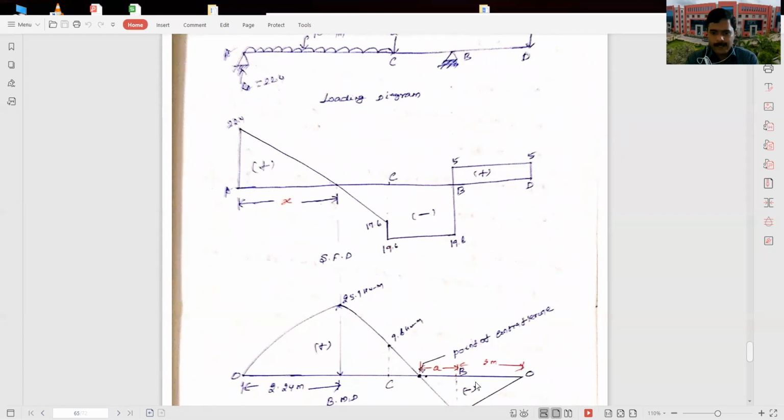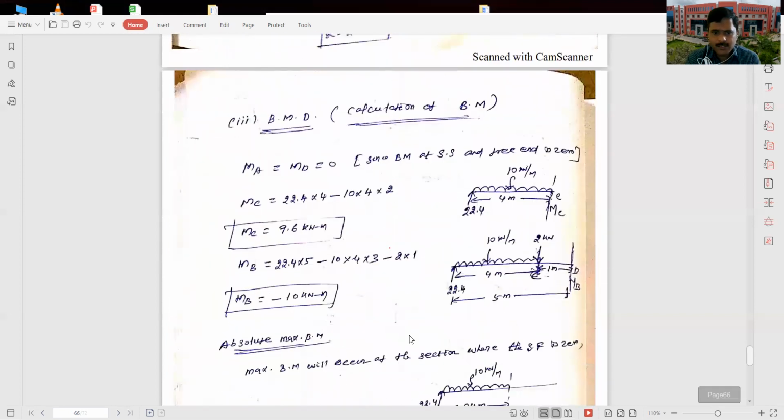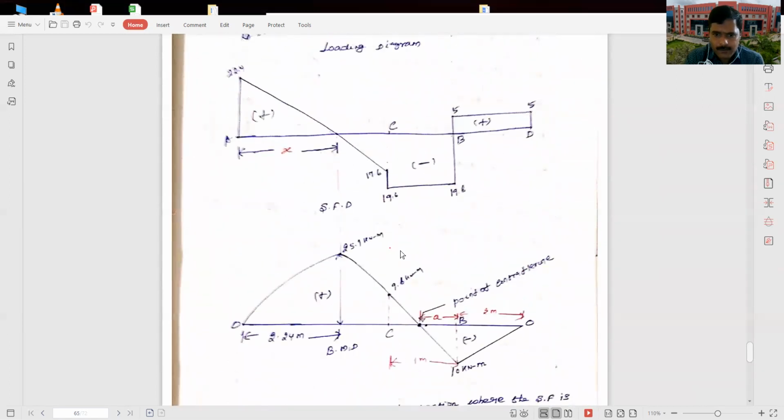That you have found. And at point C, the bending moment at C point, what is the value here? 9.6 kilonewton meter. So this is a positive value, plus 9.6 kilonewton meter.